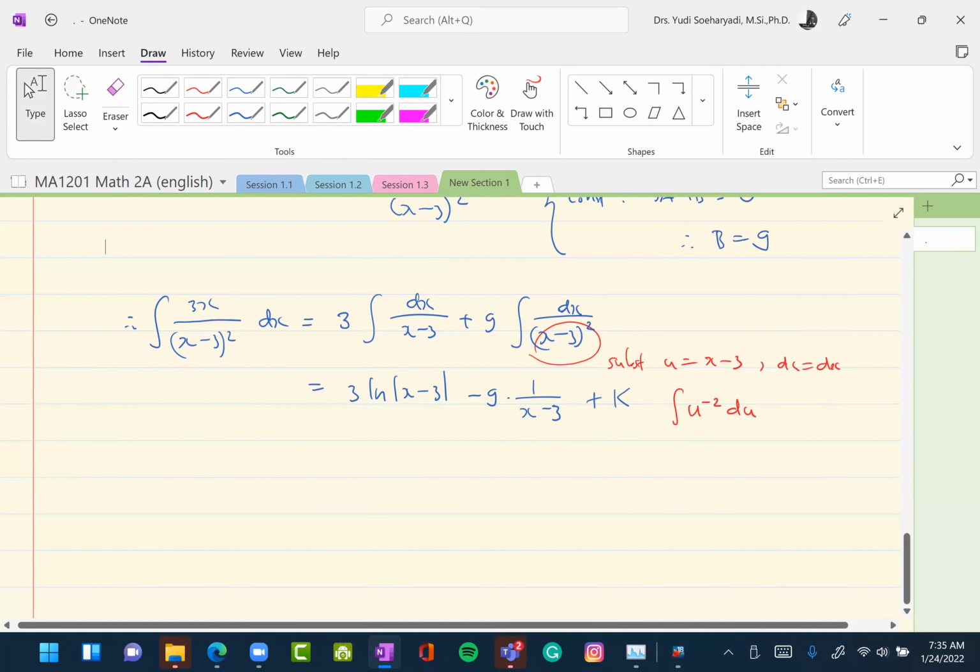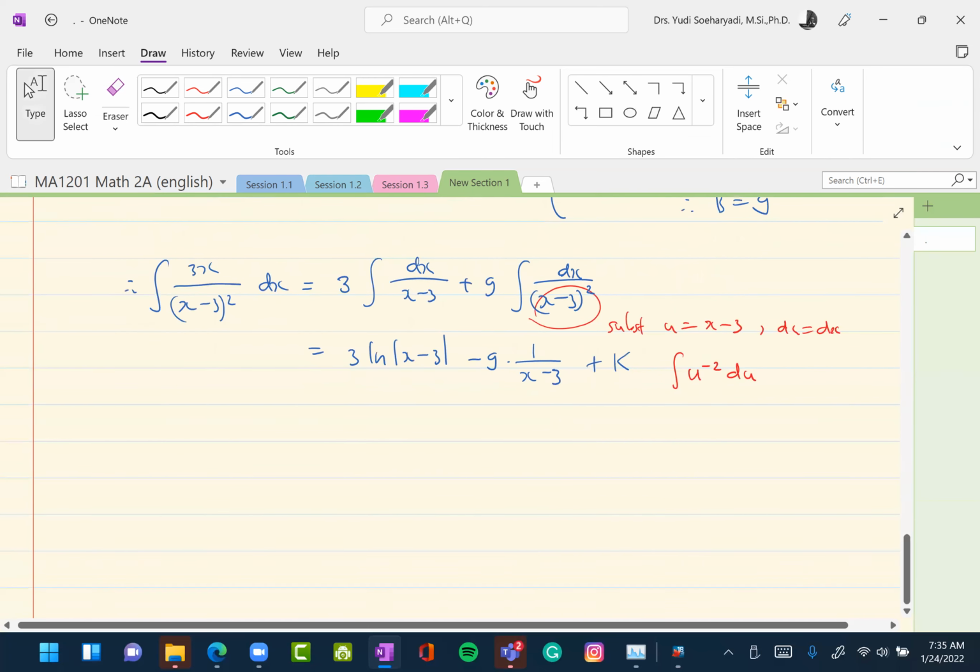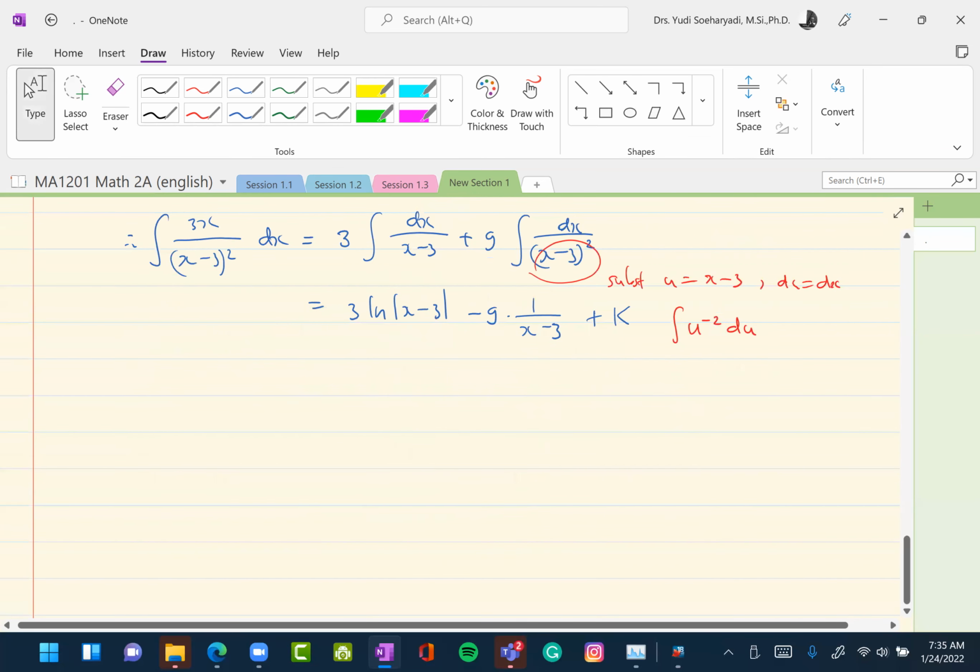Questions? Okay, so this is how you get it with repeated linear factors. Why is the 9 negative?